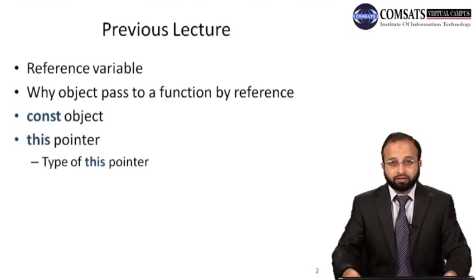And if the object is a constant object, for example, we create a constant noon object of the time class, then the type of the this pointer for that object would be const time * const. This means that it is a constant pointer and it is pointing to a time object which is also constant.